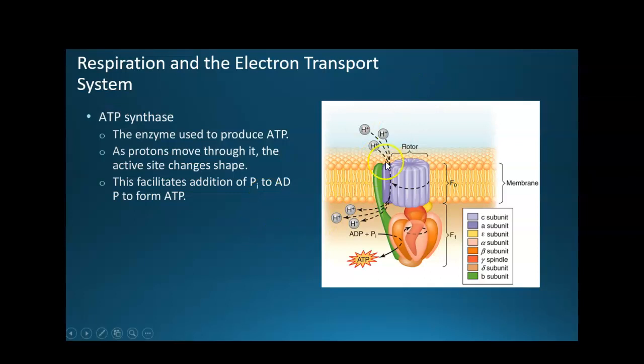But as those protons diffuse, we're going to use the energy from that proton motive force to phosphorylate our ADP and form ATP. And then there's our big payoff. We move so many protons under aerobic conditions, at least, that we should be able to make close to 34 ATP. Once again, that's a theoretical maximal yield. Does it always come out at the theoretical maximum? No, it does not. But you'll have that proton motive force generating your ATP as those protons move through ATP synthase.